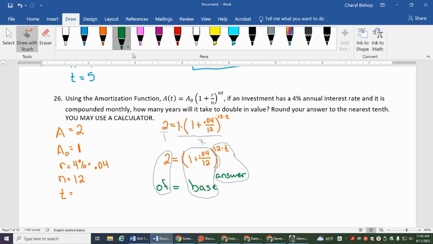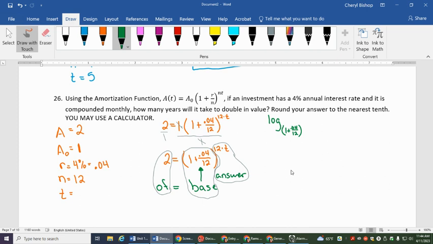So let's convert this into a log. Log, what's my base? Yeah, it is 1 plus 0.04 over 12. That's my base.